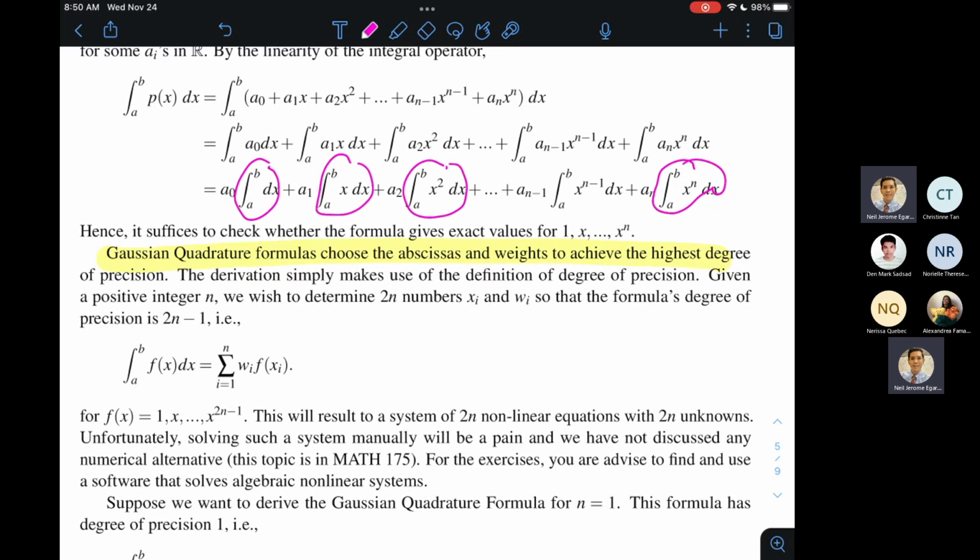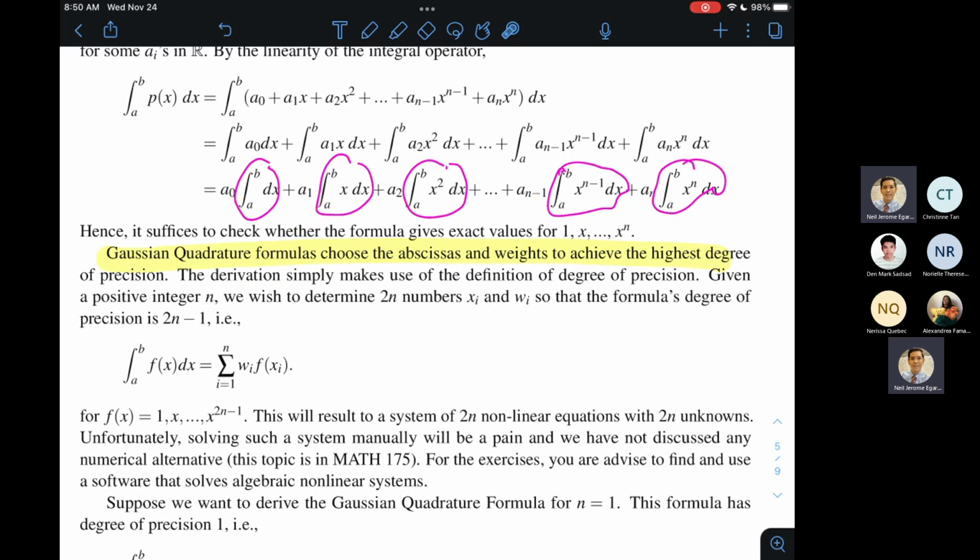So, ibig sabihin, kung yung integration formula natin, yung quadrature rule nating made-develop, ay eksakto yung binibigay na value para dito sa mga encircled integrals in this form, eksakto yung makukuha kong integral para kay p, kahit ano pa yung mga constant multipliers involved with them.